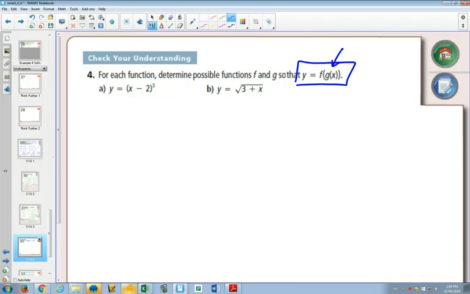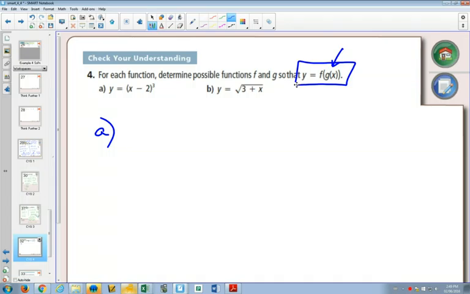So here, in the first one, can you see a function inside of another function? Can you see the x minus 2 is inside of something getting cubed?